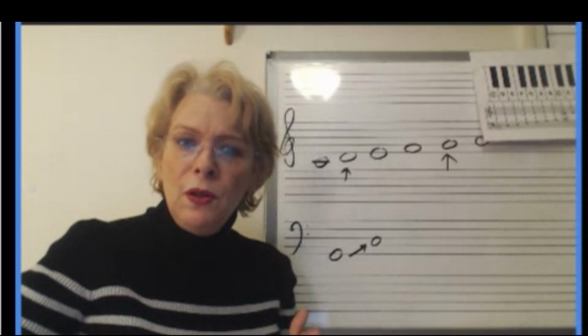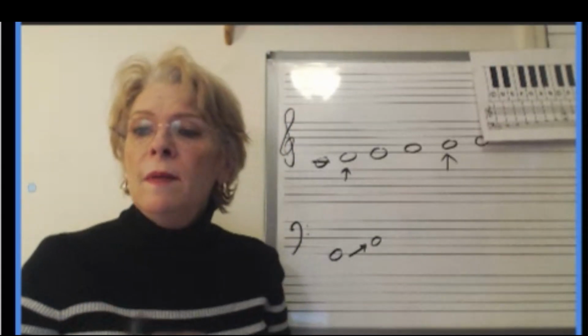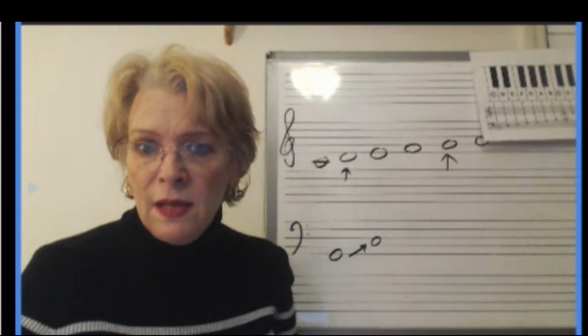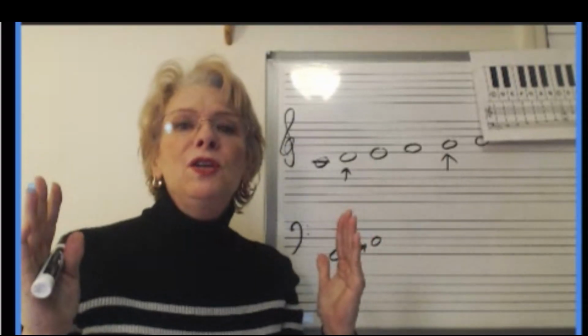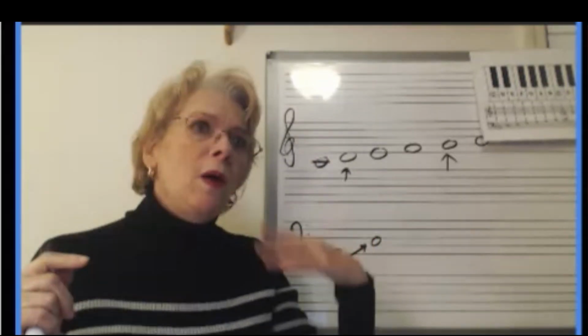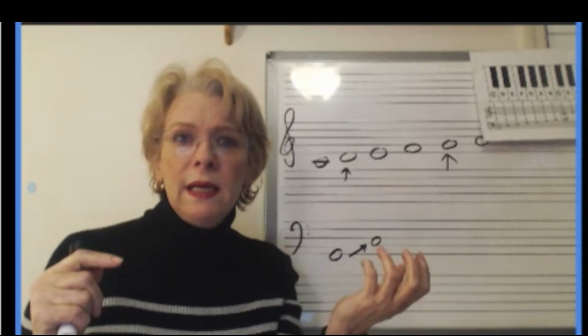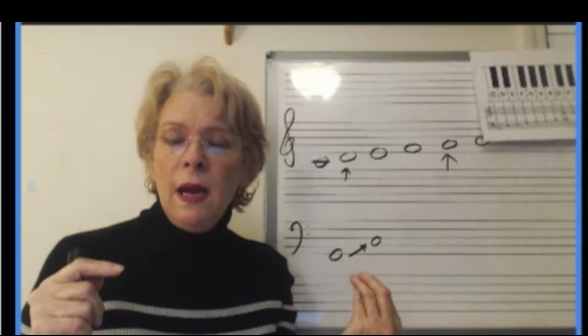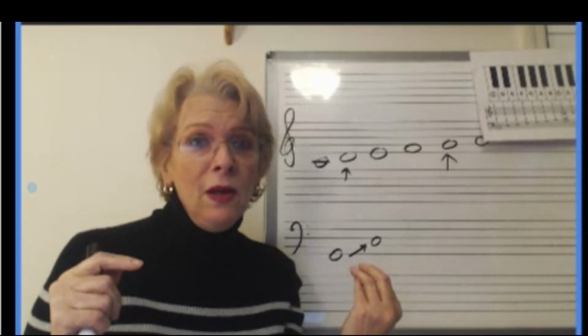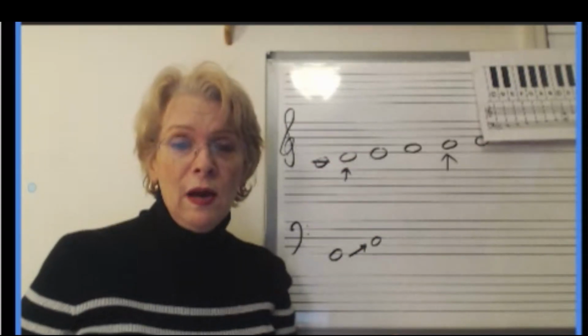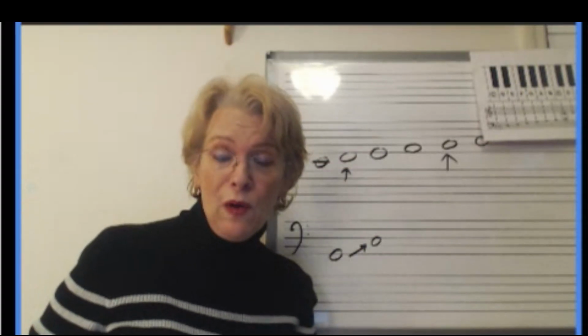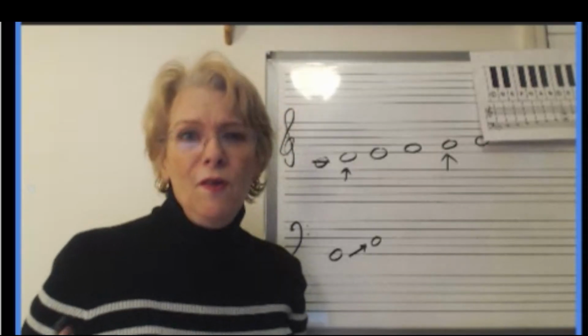So if you're moving toward a cadence, think about your 4-measure phrase. You're probably going to start with the tonic chord 1, and if you've got 2 4-measure phrases, the two phrases together are called a period.